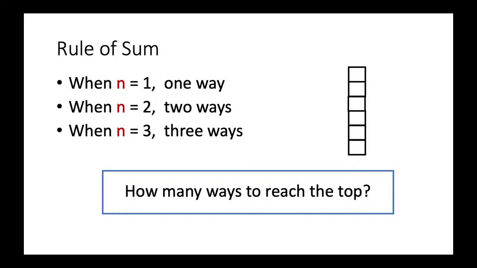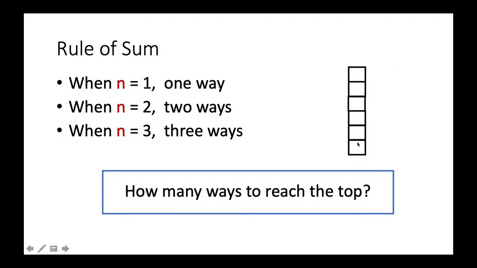Now, to analyze this problem, we can think about this a little bit cleverer. Suppose that somebody has already told you that when n is equal to 2, there are 2 ways, and when n is equal to 3, there are 3 ways. Can we find out how many ways when n is equal to 4? Imagine there are just 4 steps here: 1, 2, 3, 4. Now we can imagine what will happen.